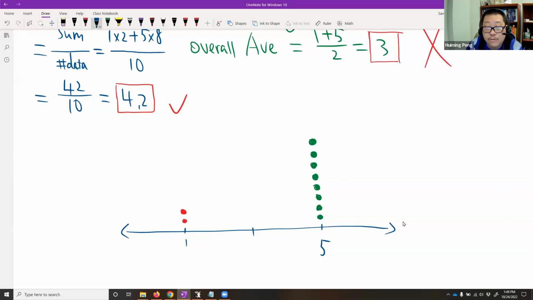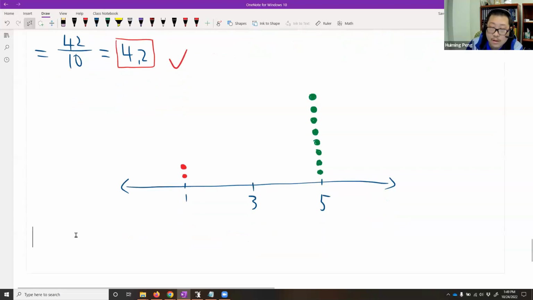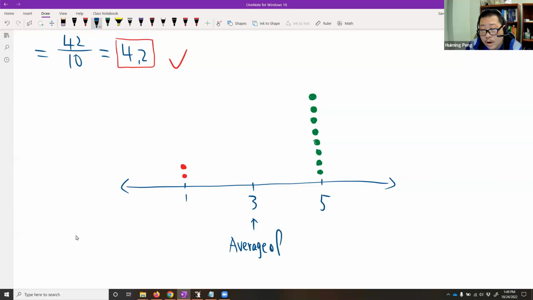So what is this 3? We just see 3 is the average of averages. Okay, 3 is the average of 1 and 5, but this is not the overall average.